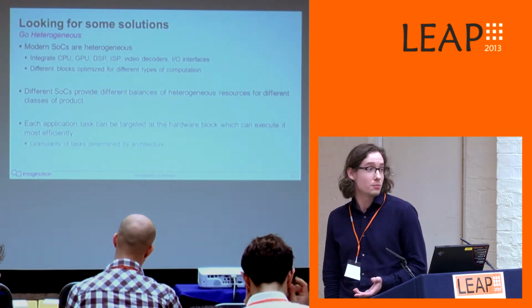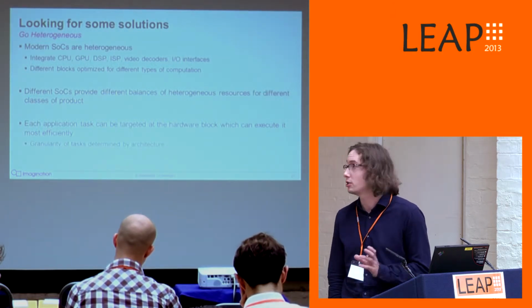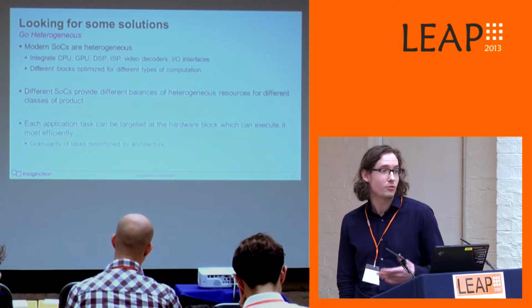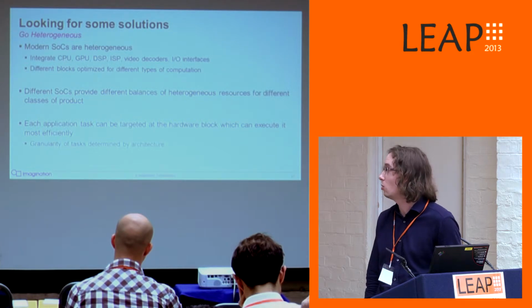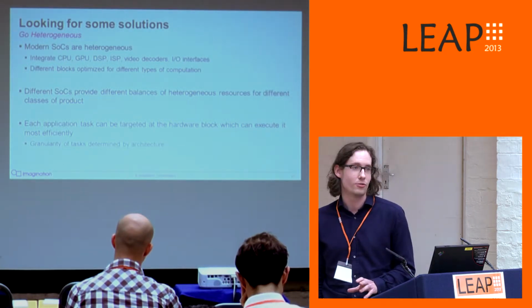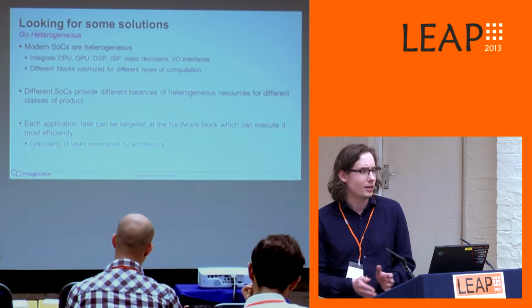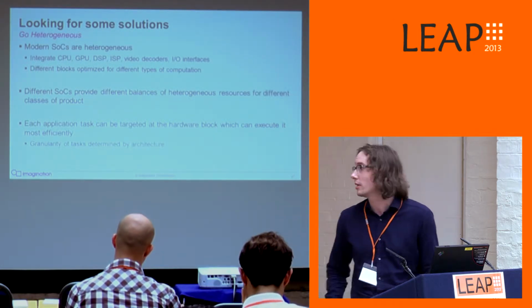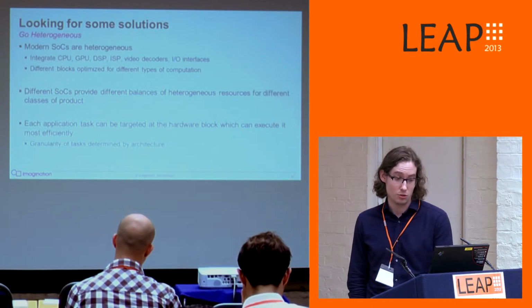And different SoCs are put out into the market aimed at different classes of applications. And ideally, from the software programmer's perspective, you're going to target every application task to the hardware block which can execute it the most efficiently. Today we have fairly coarse-grained granularity between the CPU and the GPU, but with things like HSA, that will allow us to do more in the future.